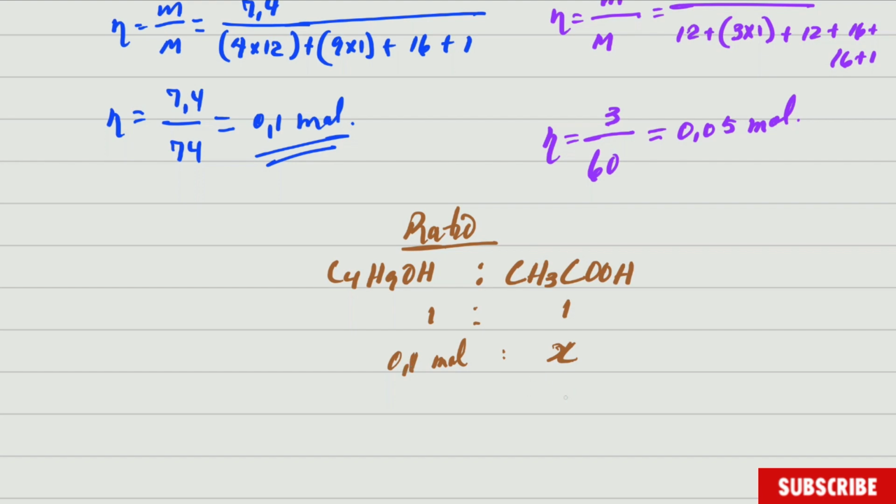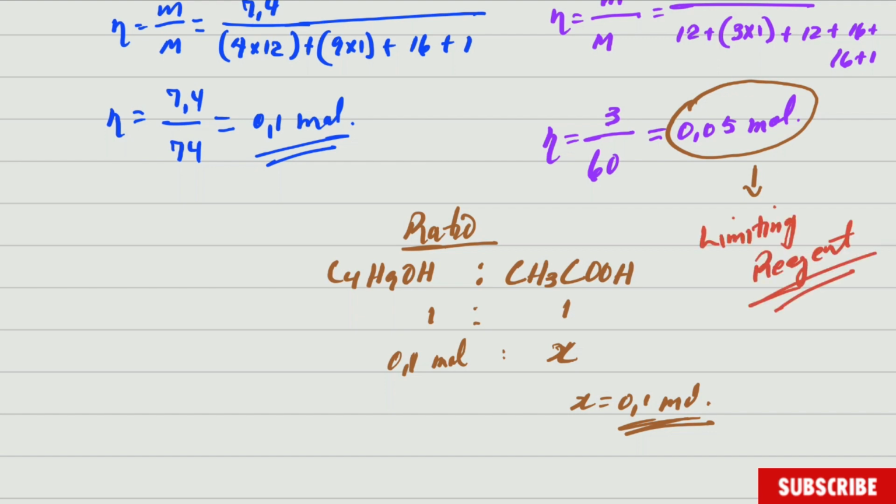The cross product is quite simple, so you will need the same amount of moles of acid. But the problem here is that you don't have so much, you only have this amount. This means that the acid is the limiting reagent. That acid is the limiting reagent and is therefore the amount we have to use to do the calculation.